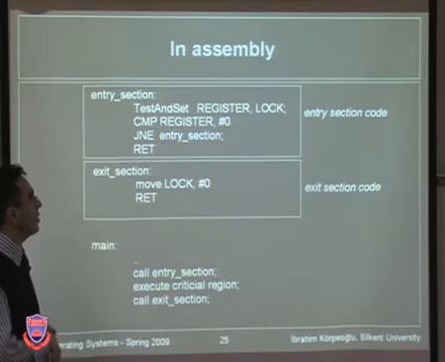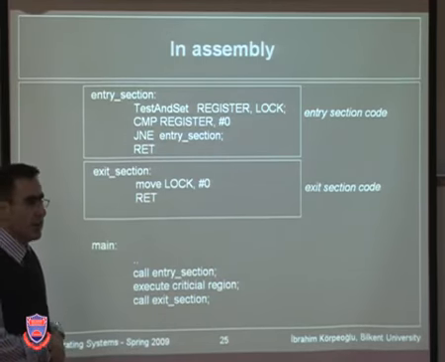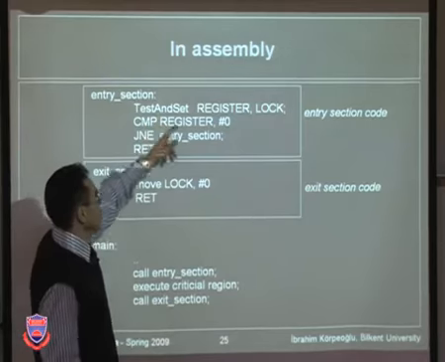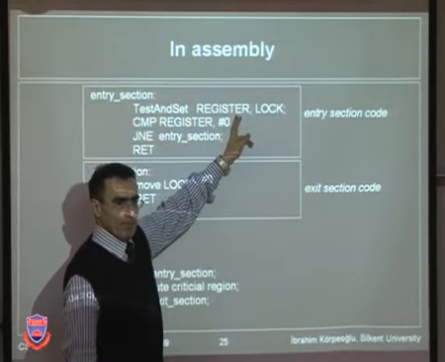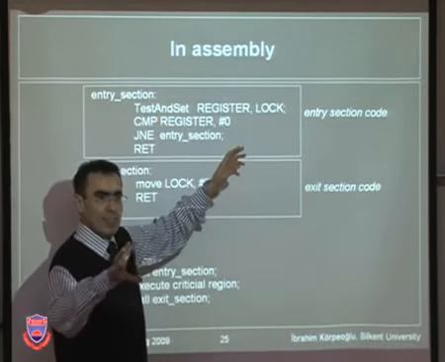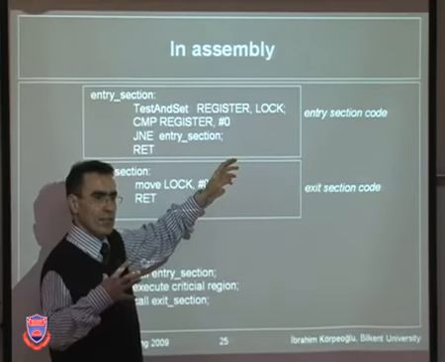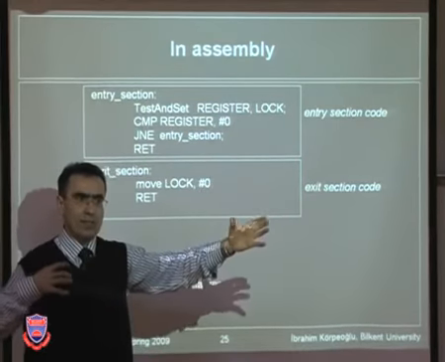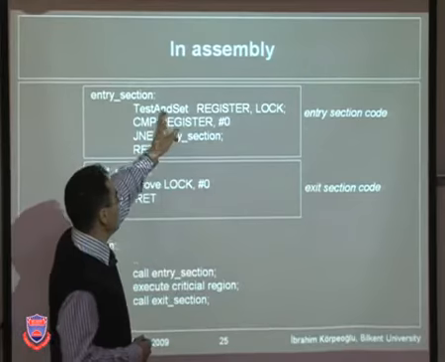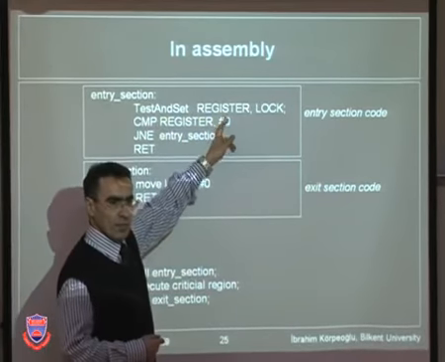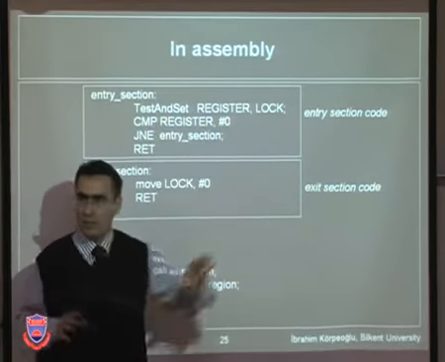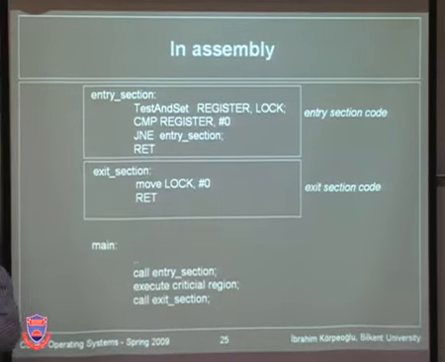And there is no danger here. For example, assume you execute this machine instruction, the lock was 0, nobody in the critical section, and there are two processes that would like to enter the critical section at the same time. One of them executes this machine instruction first. Since this is an atomic, indivisible machine instruction, the execution can be sequential, not interleaved.